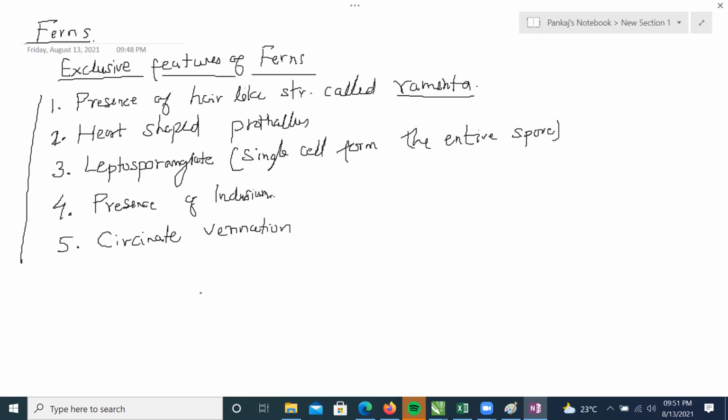So what is the fourth point? Presence of indusium. What is indusium? Sorry, I missed that.